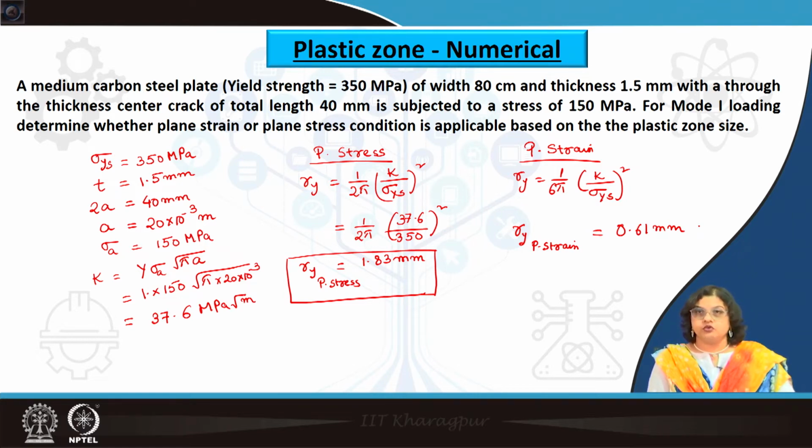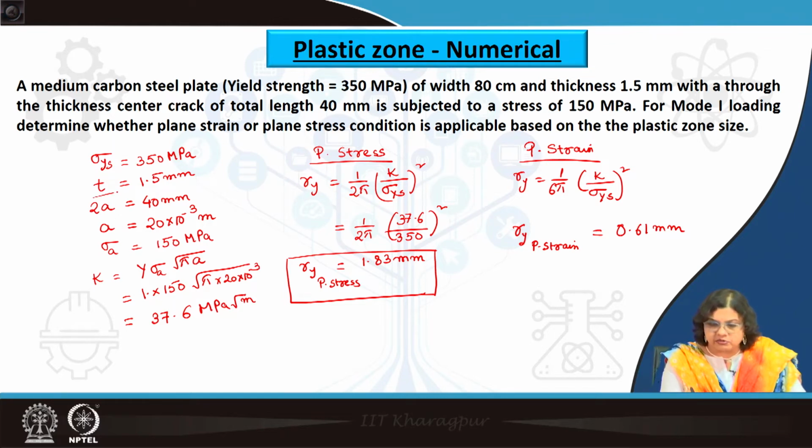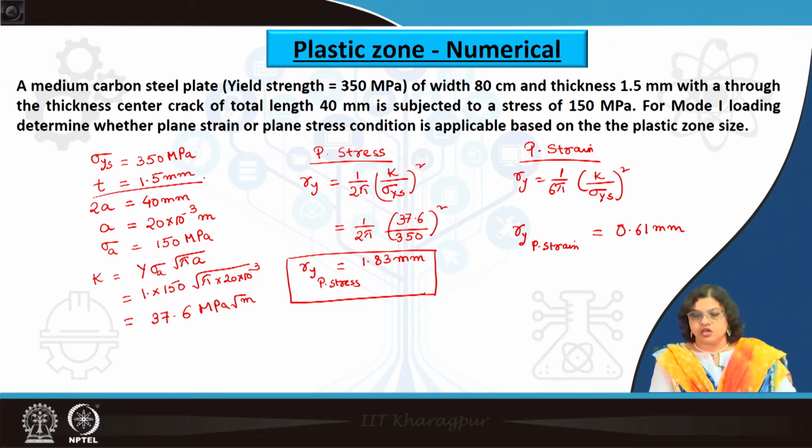Now, we also know that there is a relation between plastic zone size and the thickness of the specimen. In this case thickness is 1.5 millimeter and this is quite close to what we are getting under plane stress condition.